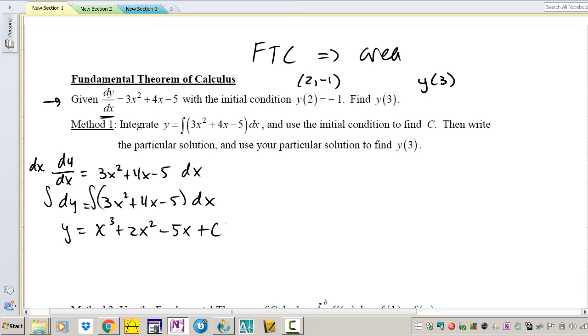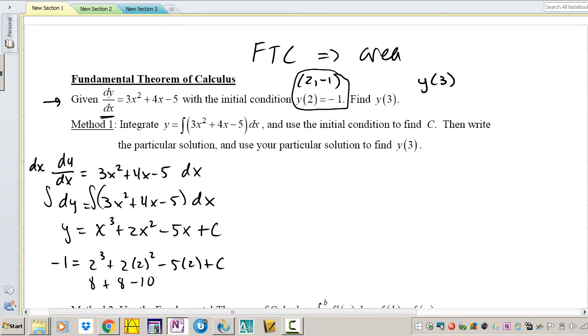And then how do you solve for c? You're going to use your initial condition (2, -1). Negative 1 is y, 2 is x. So 2 cubed is 8, plus 2 times 2 squared, which is another 8, minus 10, plus c is equal to negative 1.